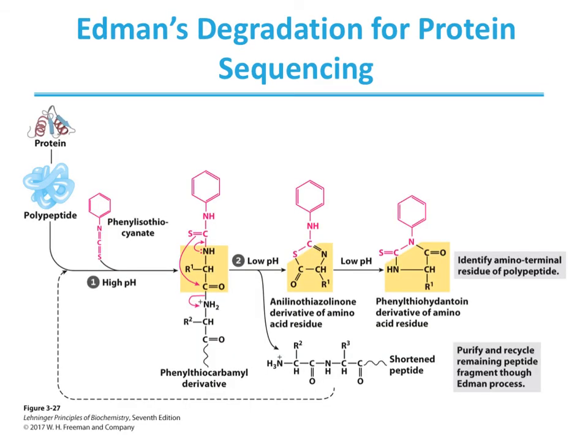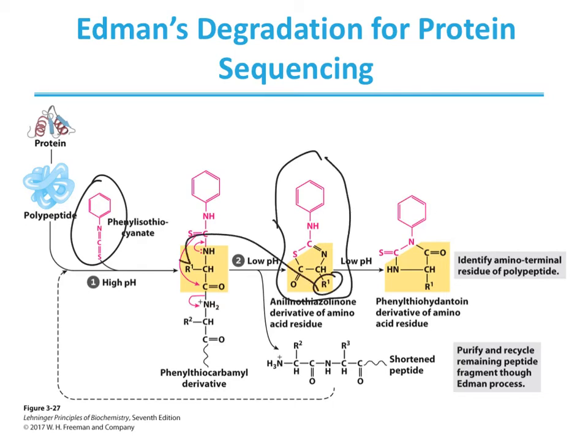In the Edman degradation, phenyl isothiocyanate, this molecule, reacts with the N-terminus, the amino terminus of a protein or polypeptide, and it cleaves that last terminal amino acid from the rest of the polypeptide. In doing so, it forms this derivative where R1 corresponds to the side chain of the amino acid nearest the N-terminus.